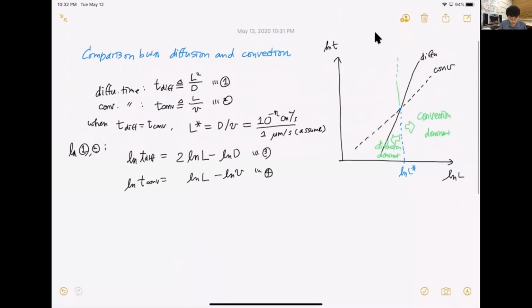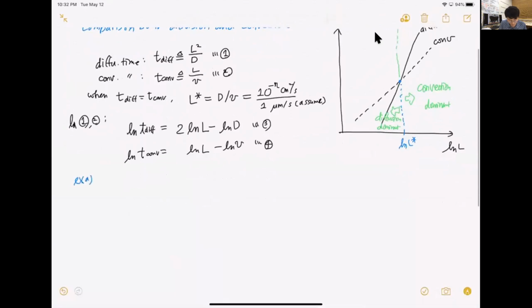So let's have an example. For proteins, the diffusion coefficient, D sub p, is about 10 to the minus 7 centimeter squared per second.